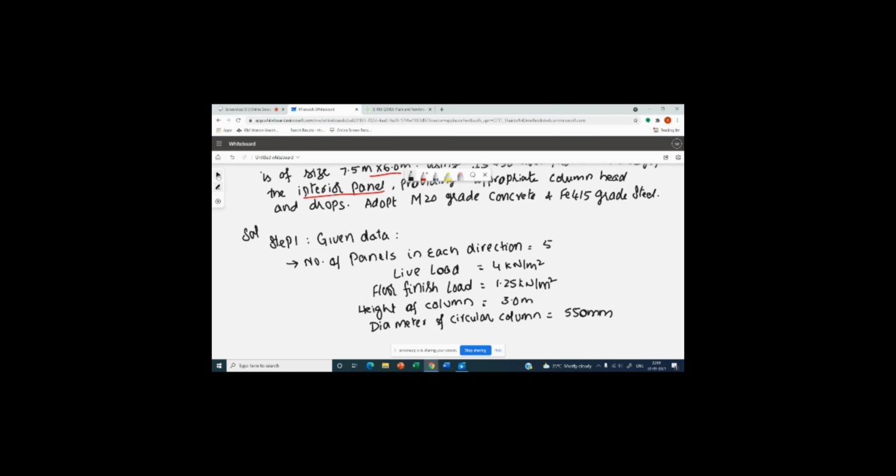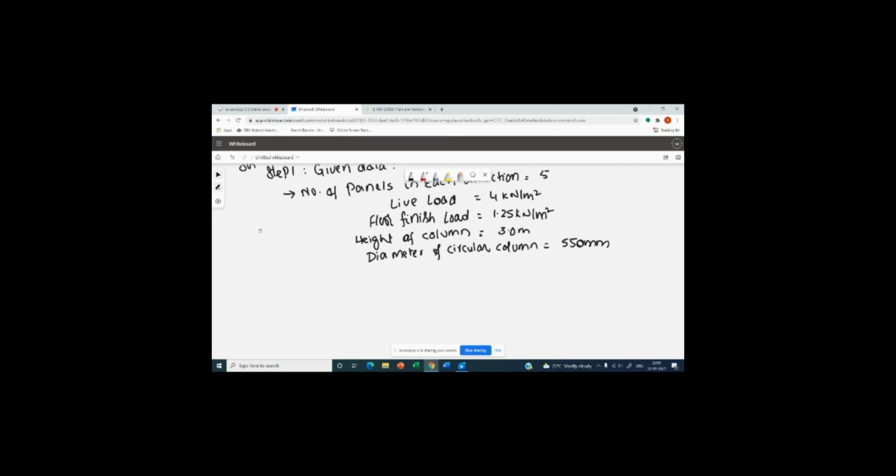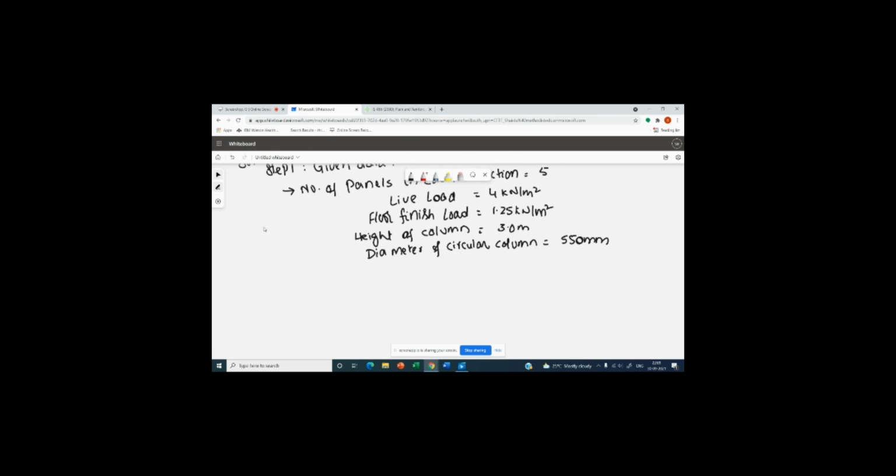As soon as you come to know that this is a circular column, you have to convert the circular column area to equivalent square area. If the given column is itself a square or rectangular, then it is not required. So first we will find out the equivalent size of the square column. Suppose the square column is of side S. Then the area of the square column will be S square and the area of the circular column will be pi d square by 4.